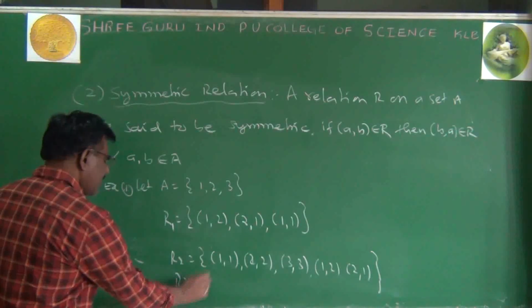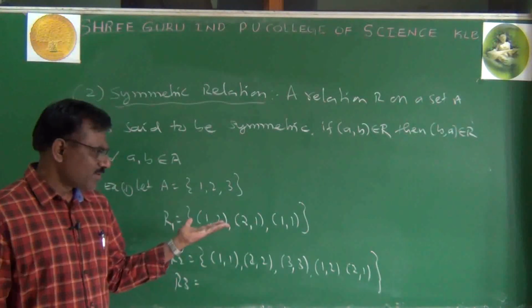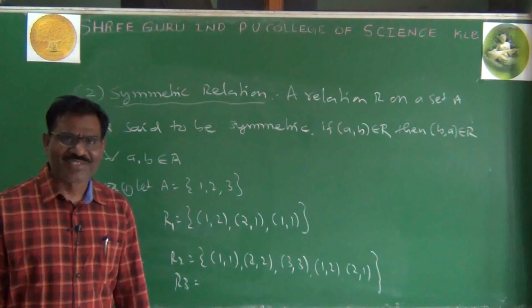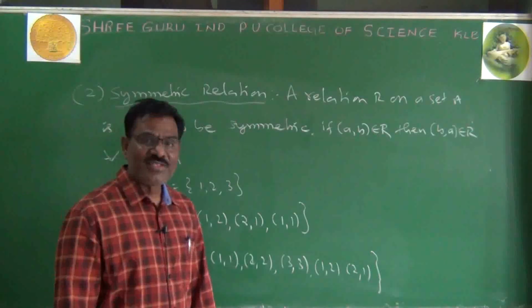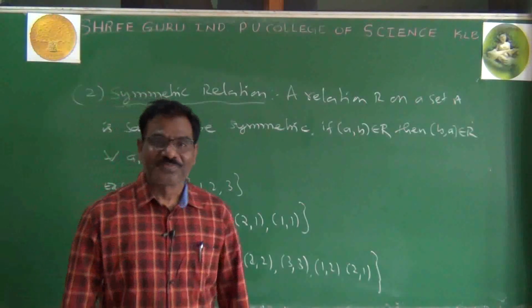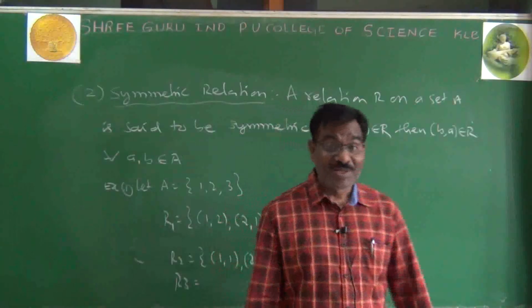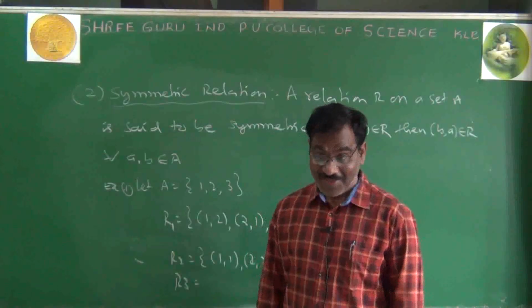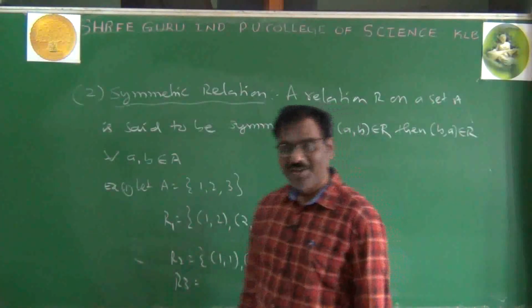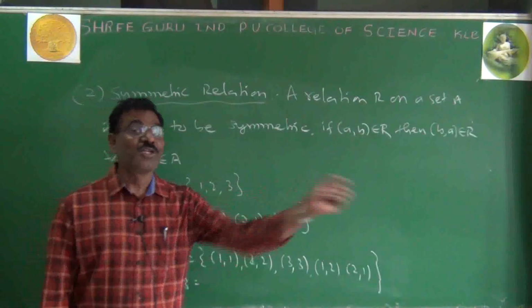There are many examples; you can write them from the book. One more definition in general. The previous one, reflexive, I explained with the general example of parallel, very good. Now for symmetry, the relation is perpendicular.